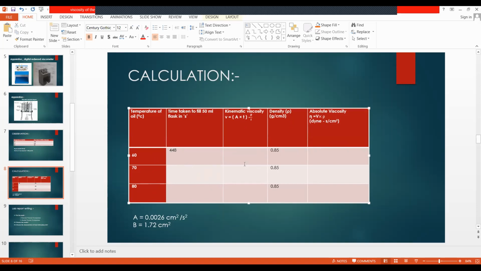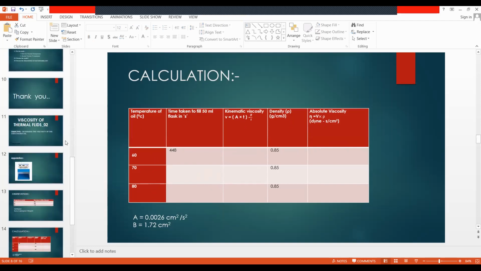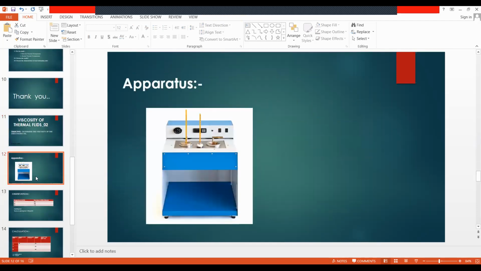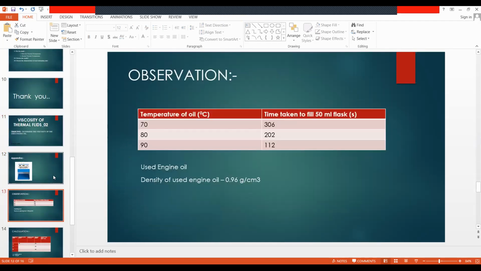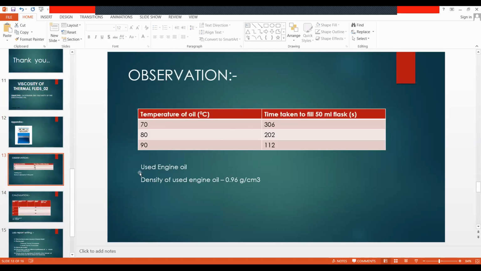So this is what you have to do, same as the previous practical. For this practical, this is our observation data, and we should know that for the calculation, you can see for the used oil I did three different temperatures.